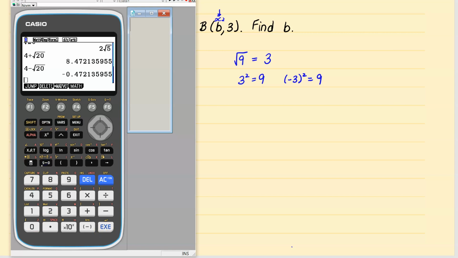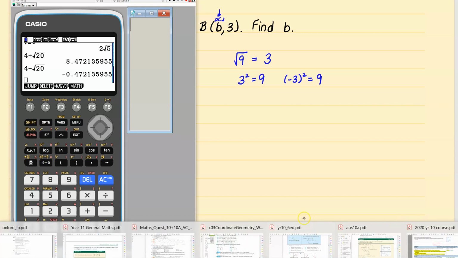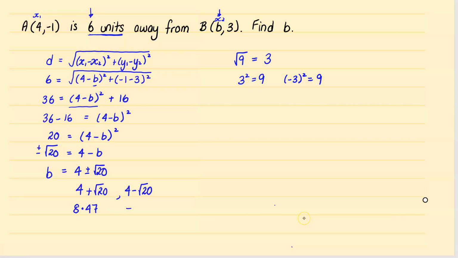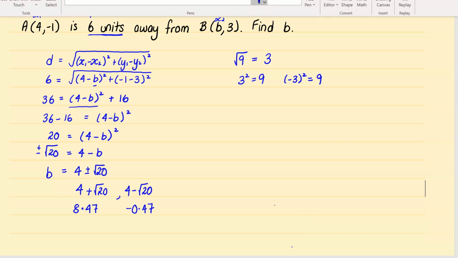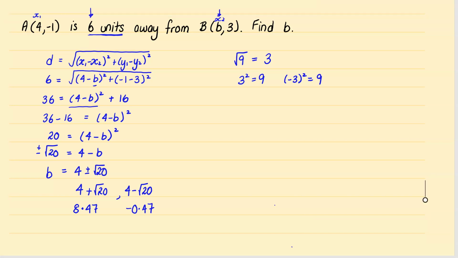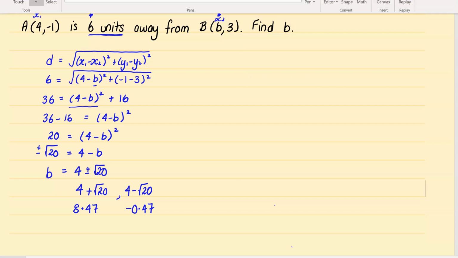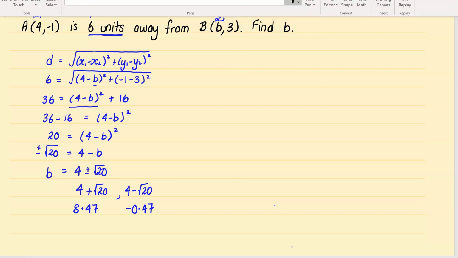Okay, minus 0.47. Now I hope you're asking or wondering, why are there these two solutions? And to answer that, let's have a look at what this looks like graphically.